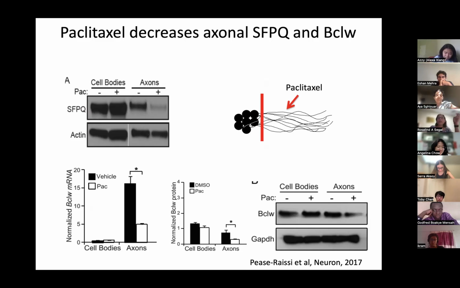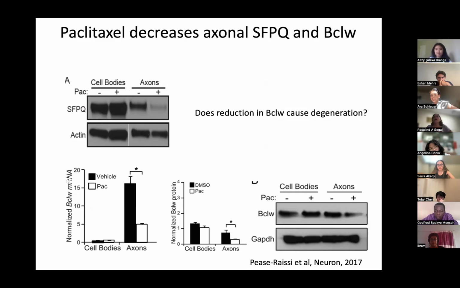Because the RNA binding protein is transporting RNAs from the cell body, from the nucleus, where they're transcribed and generated, to the axons, where they're going to be used to make proteins, what you see is a decrease also in the RNA for that axonal component, which is called BCLW. Because the RNA is then locally translated, you see a decrease in the protein in the axon for this BCLW.